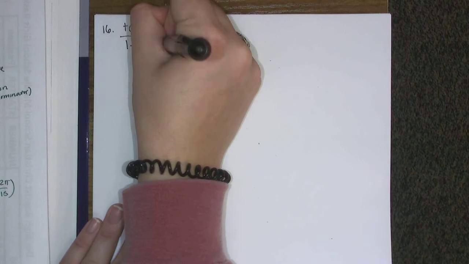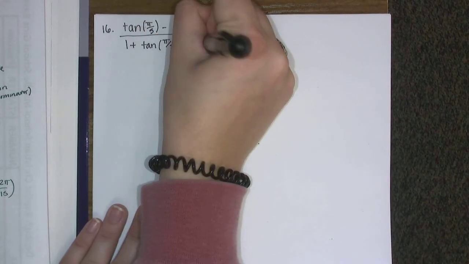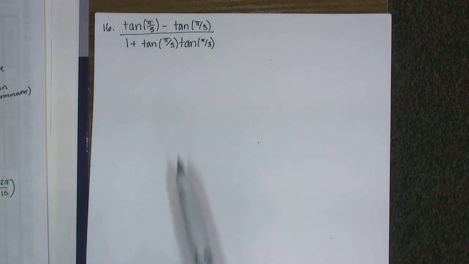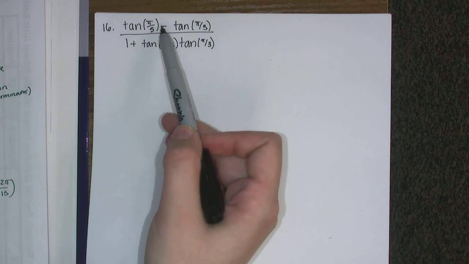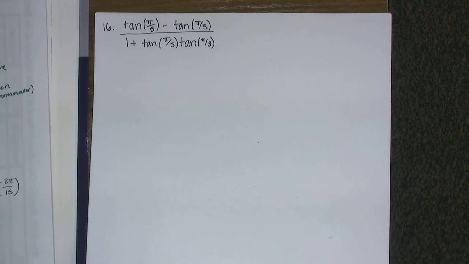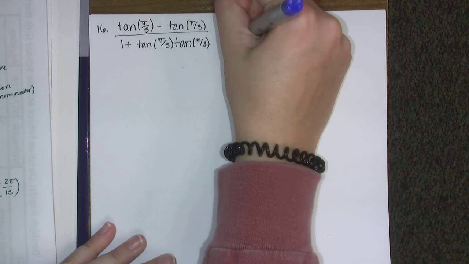Well, I know that with tangent, looking at the formulas, the top sign is the same sign as what I'm dealing with. So I'm dealing with the difference formula for tangent. So this would give me the tangent of pi over 5 minus pi over 3.